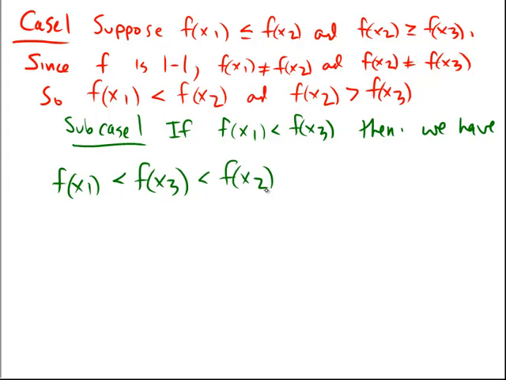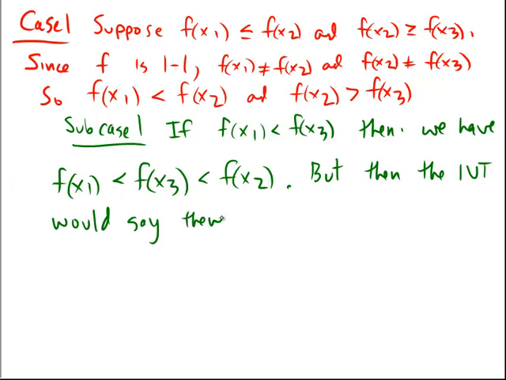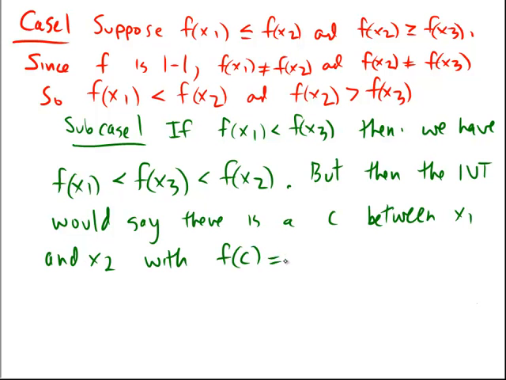But then, remember, it's a continuous function, so the IVT, the Intermediate Value Theorem, would say there is a c between x1 and x2, with f of c equaling f of x3.